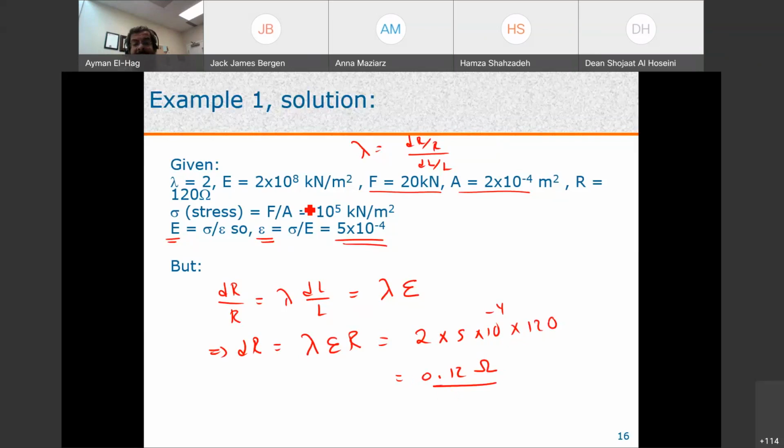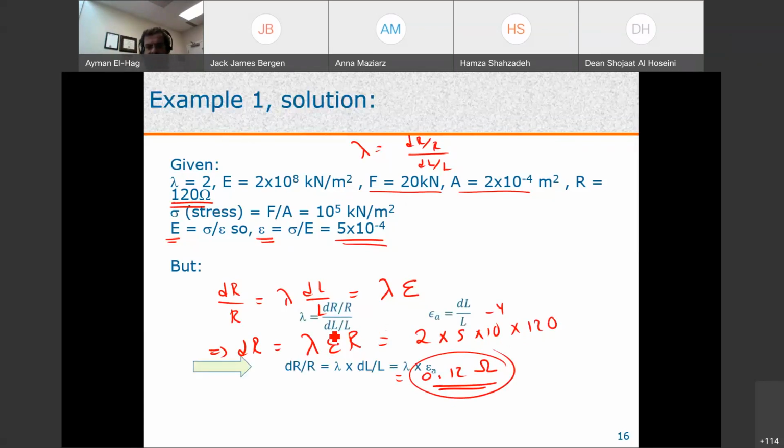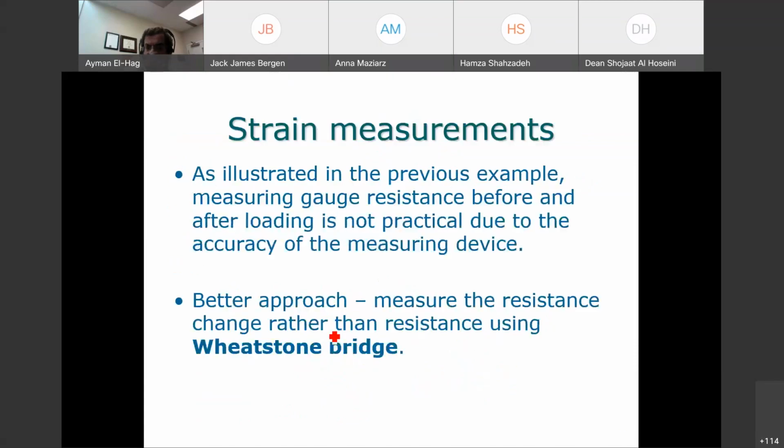So originally I have 120 ohm, but the change in the resistance because of this 20 kilonewton, which is a huge force, is just 0.12 ohm. Excellent. Now let's go to the practical side: how will I measure this change?